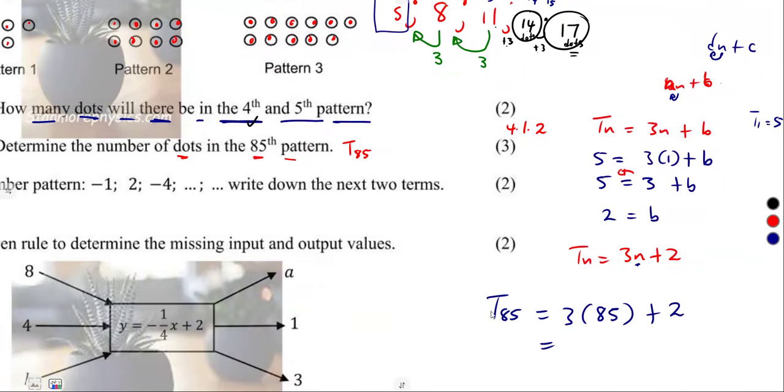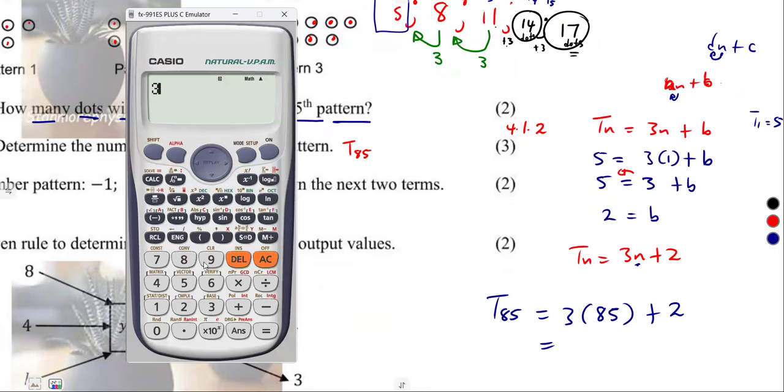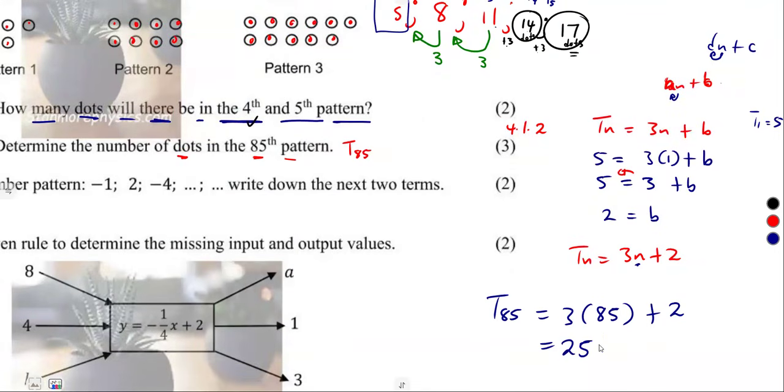So that is it. You have got the corresponding number of dots from that, which is 257. So you're going to have 257 dots all in all, in that 85th pattern.